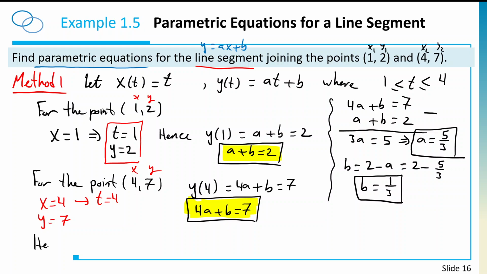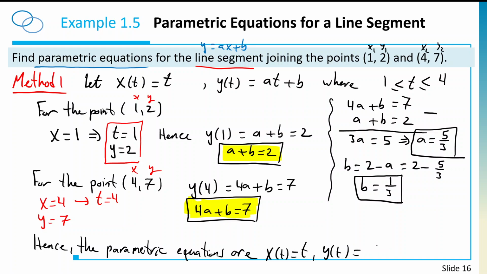So hence, the parametric equations are x of t equals t, y of t equals 5 over 3 t plus 1 over 3, and t is between 1 to 4.